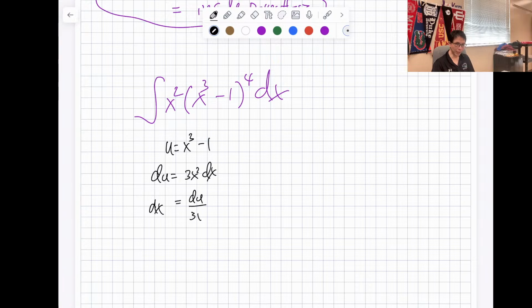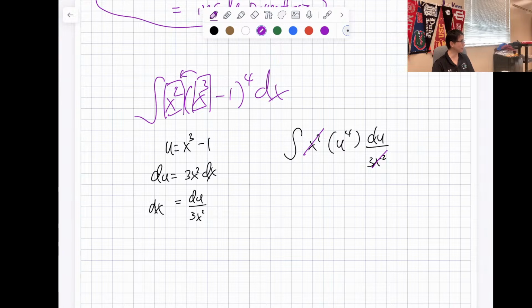du over 3x squared. Now if you see this, x squared times u to the fourth and dx equal to du over 3x squared. What's nice is usually if you see this degree difference between this one and this one, they are 1 degree off. Do you see that 1 degree off? If we're 1 degree off, that's what's called canceling.